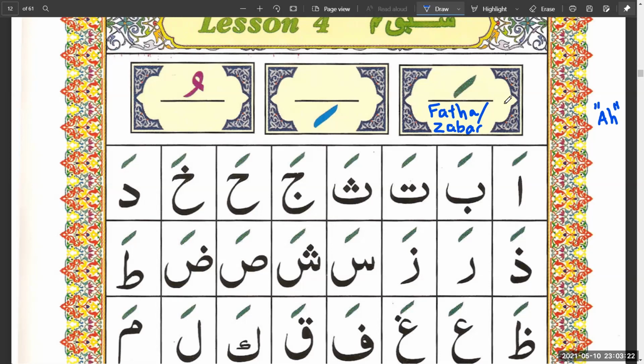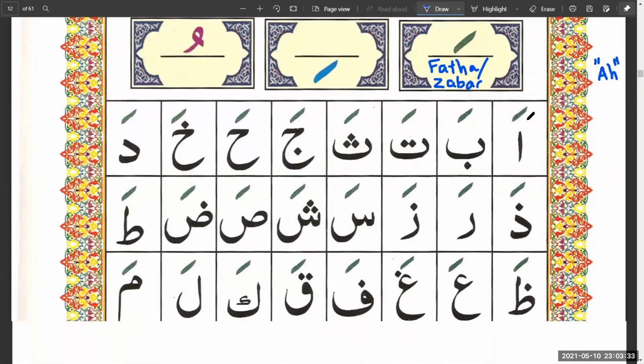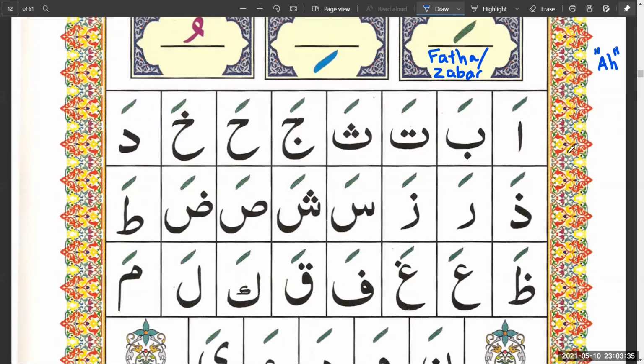So let's go through the alphabet and read each letter with the fatha on top, so you can hear how the letters sound with this fatha. We'll start here with this first line, and I want you to repeat after me. We have alif, fatha, a. Ba, fatha, ba. Ta, fatha, ta. Tha, fatha, tha.